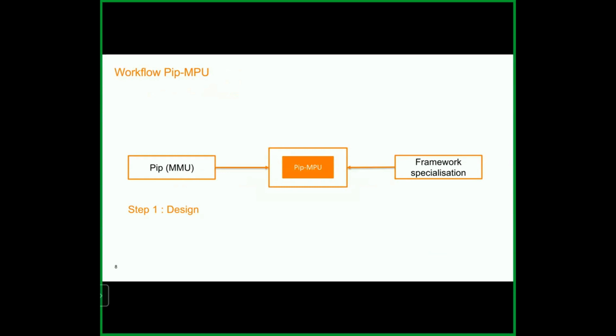And so what we do first is that we list the requirements of Pip, which has a security policy that we want to keep, but also some naming conventions, because we want a user that is using Pip to use the same abstractions on Pip-MPU. We also need a very high flexibility that is provided by Pip, and reasonable performances because we want it to be usable as an isolation layer for many systems.